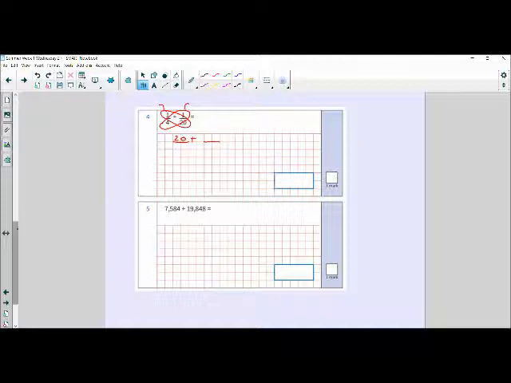So what's 1 times 4? 4. Okay, so we've got our numerators, but we've got to work out our denominators. To do that, you would multiply the bottom two numbers together. So what's 20 times 4? 80. And we use the same denominator for both of those fractions. So 20 over 80, add 4 over 80.